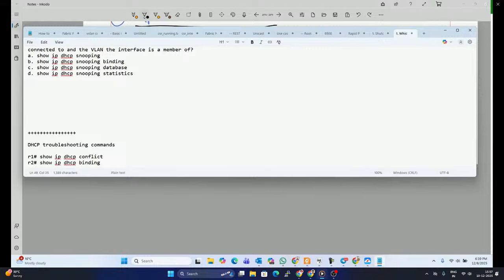Using this you can check whether these IP addresses are assigned or not. This command shows us the IP addresses assigned to the machines, the client ID also mentioned there, as well as the lease expiry.